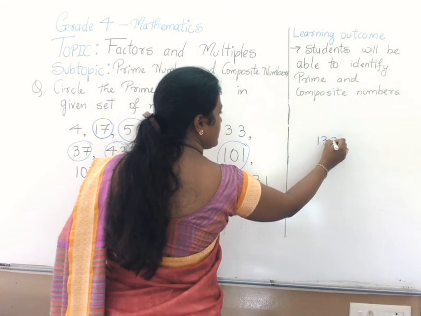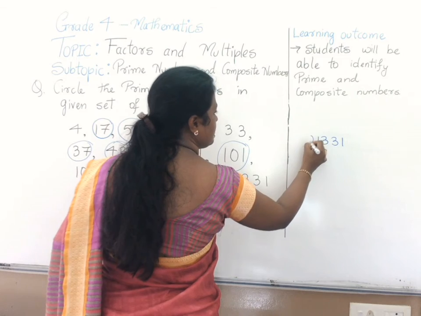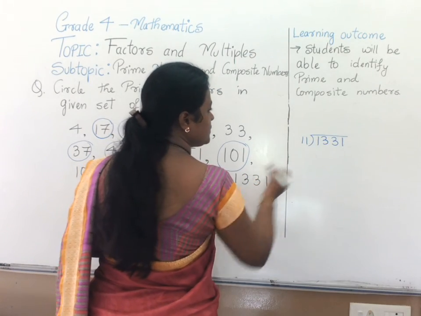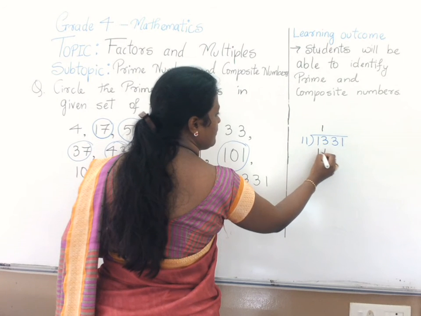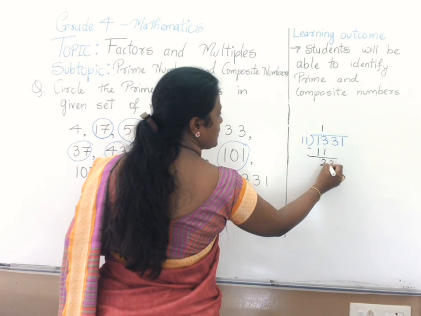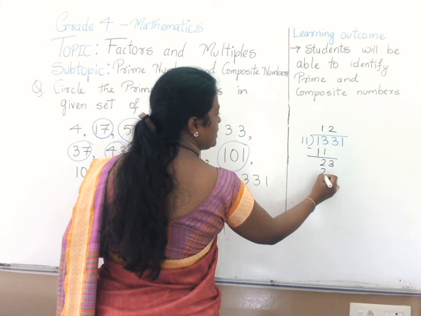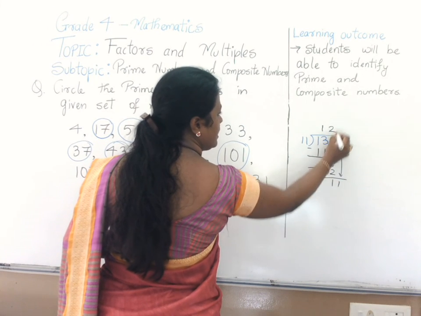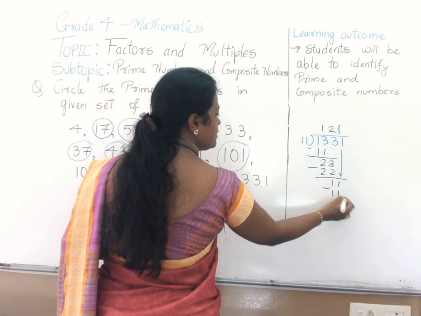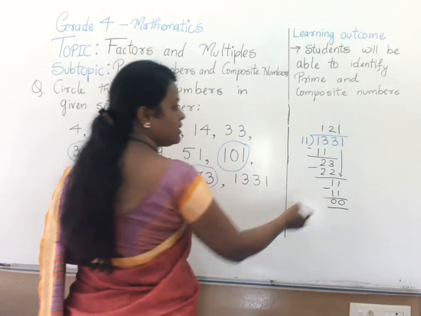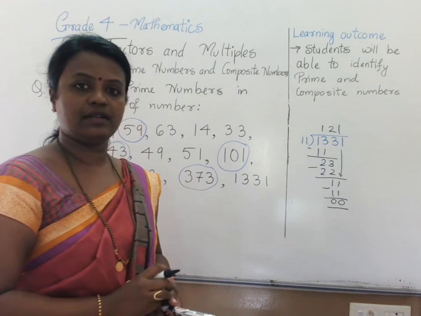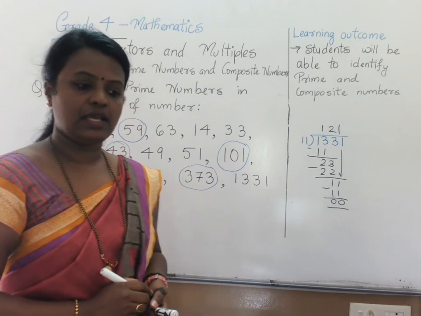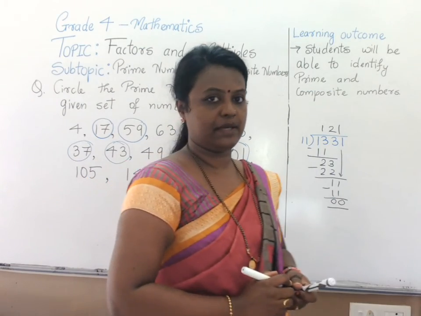Divide 1331 by 11. You see 11 ones are 11. 11 twos are 22. 11 ones are 11. As you can see, this number is divisible by 11. So this concludes 1331 is not a prime number.